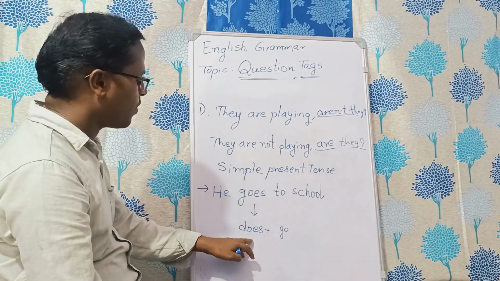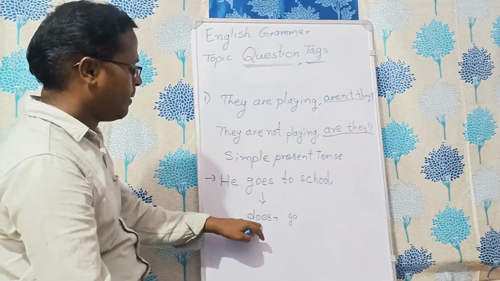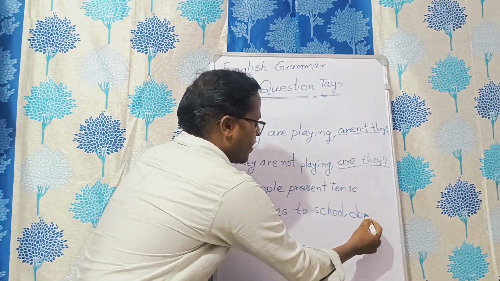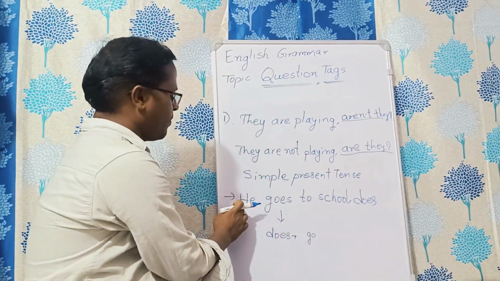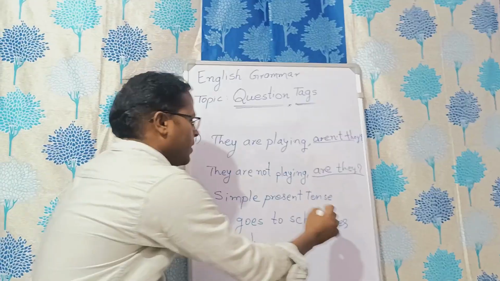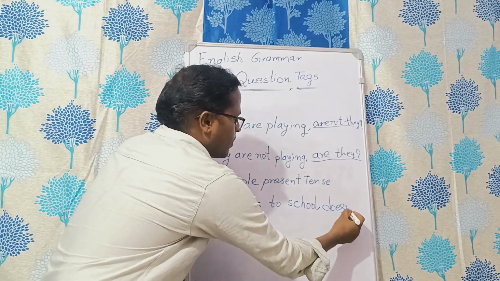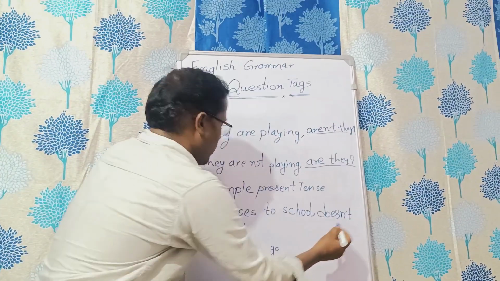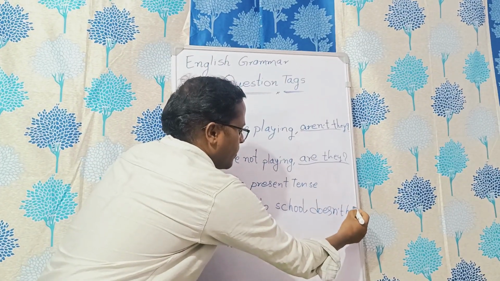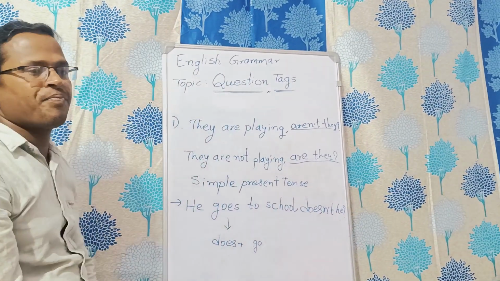So we have found the helping verb, and you have to use this helping verb here: does. If it is third person singular and a positive sentence, we have to use a negative question tag: "doesn't he?" "Doesn't he" is the question tag.